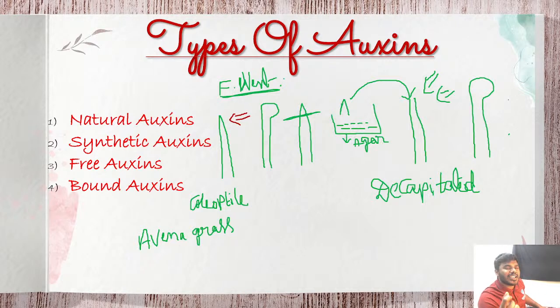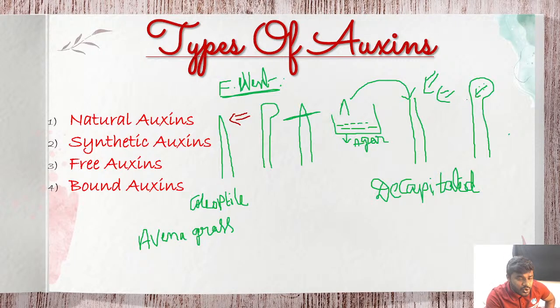Now friends, what conclusion can I come to? The conclusion I can give you is that yes, there is a chemical present only at the tip of the coleoptile, not anywhere else. That chemical moves from light to the dark region exactly like this when they expose it to the sunlight.